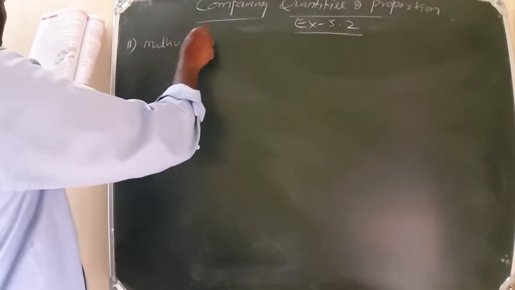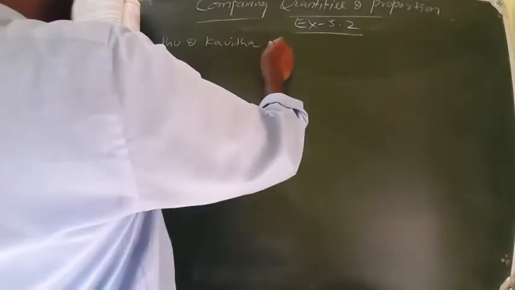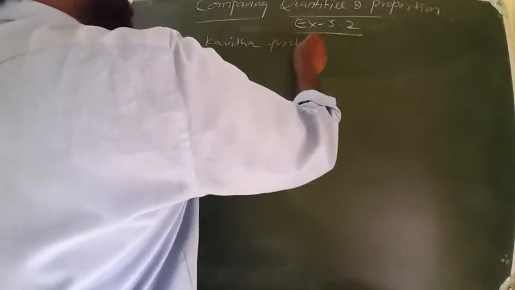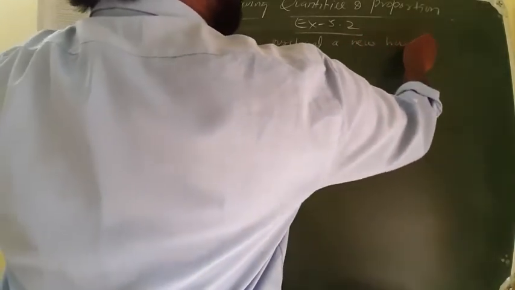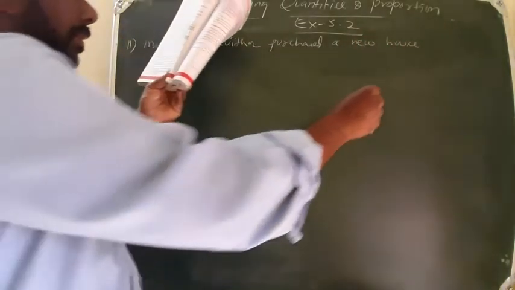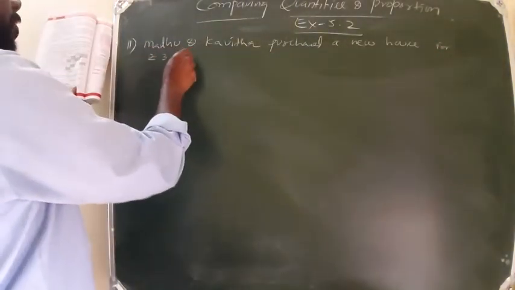Madhu and Kavita purchased a new house for rupees 3,20,000.